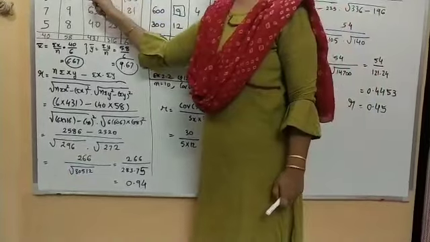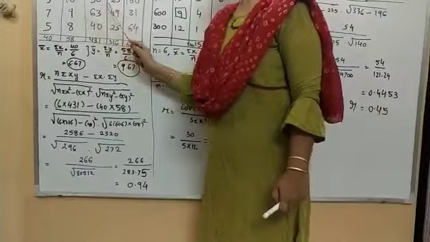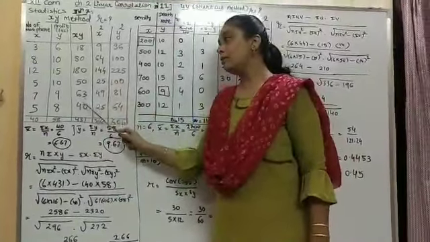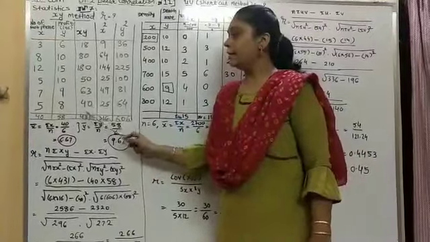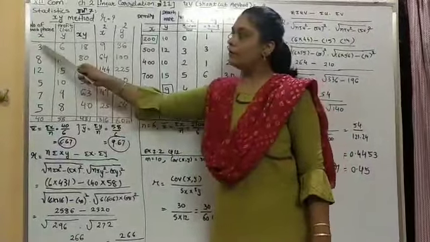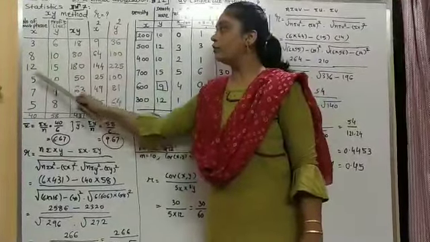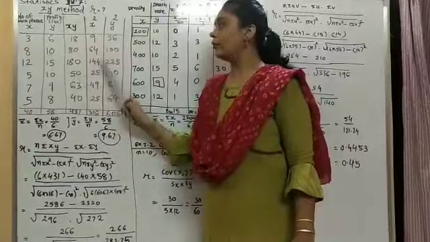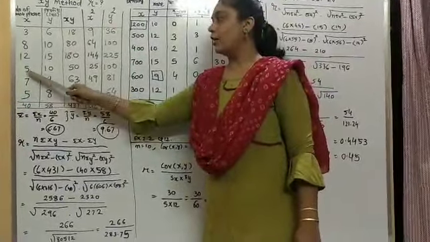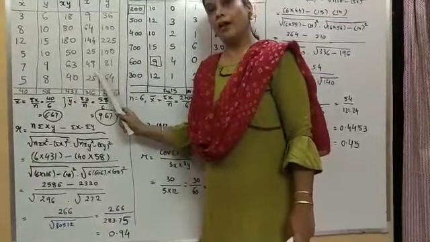So XY: 6 3s are 18, 10 8s are 80, 10 5s are 50, 9 7s are 63, 8 5s are 40. Do the summation at a time: 431. Now next X square. See the first line, 3 square 9, 8 square 64, 12 square 144, 5 square 25, 7 square 49, 5 square 25.